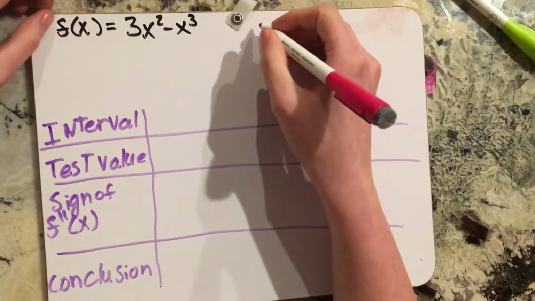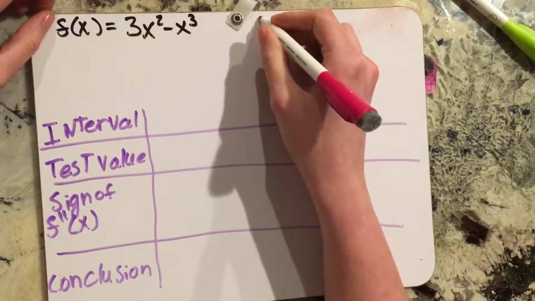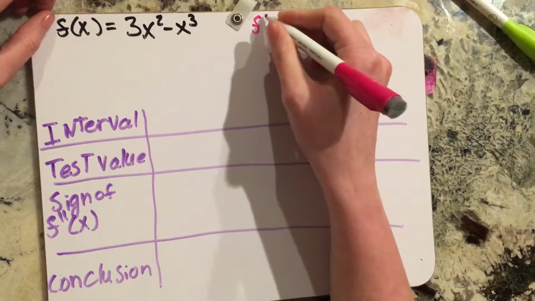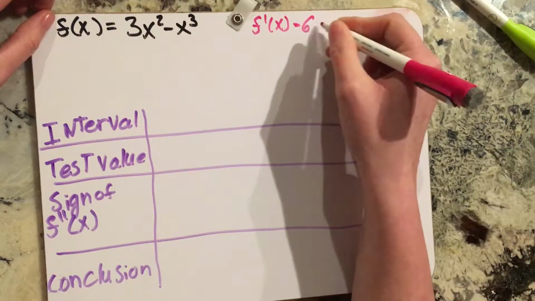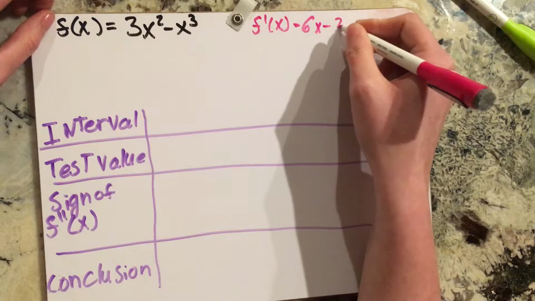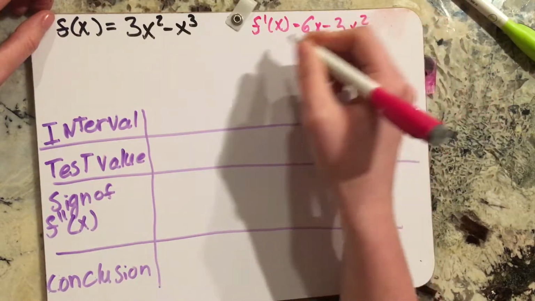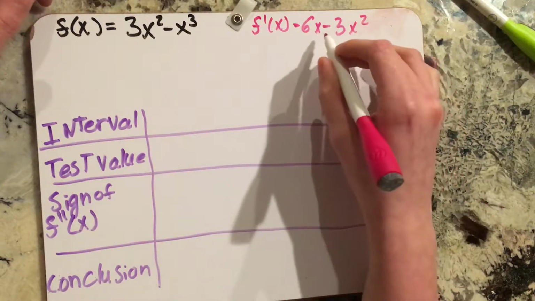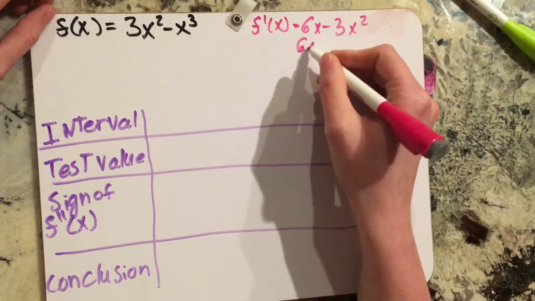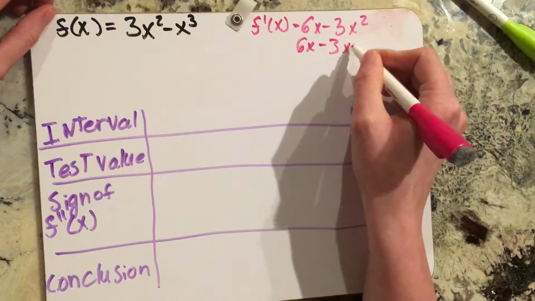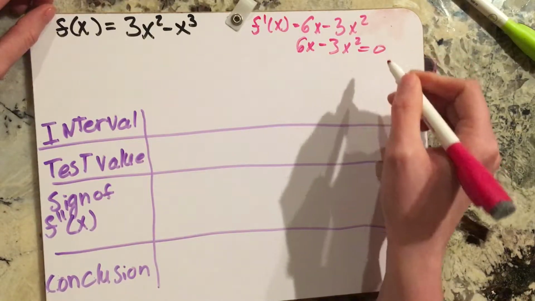So f prime of x is going to be equal to 6x minus 3x squared, and then we're going to solve for 0. 6x minus 3x squared, set equal to 0.